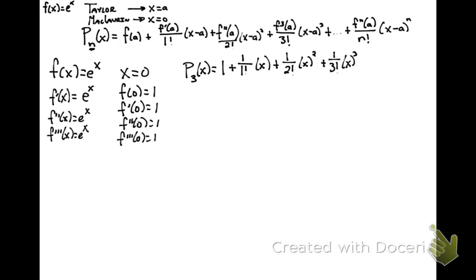So this is our third degree polynomial, and this we're using as an approximation for e to the x.